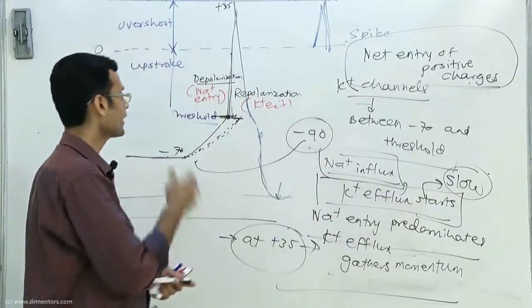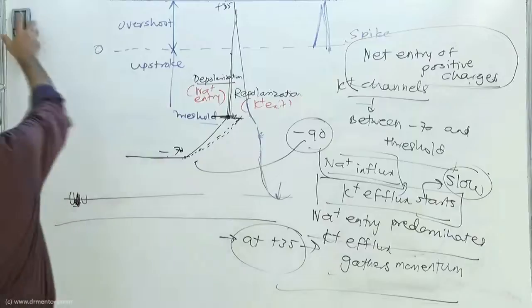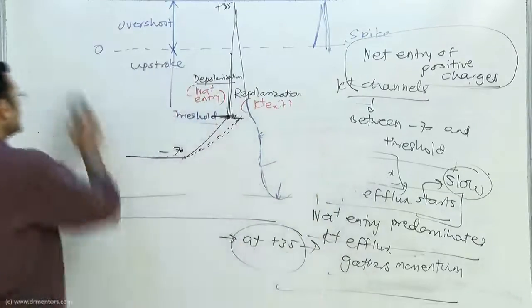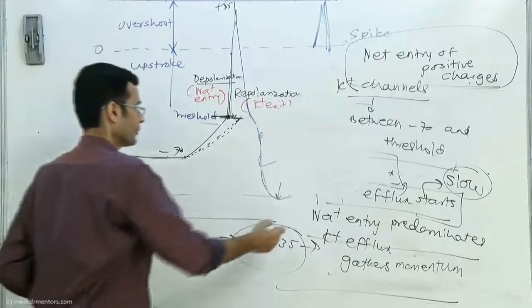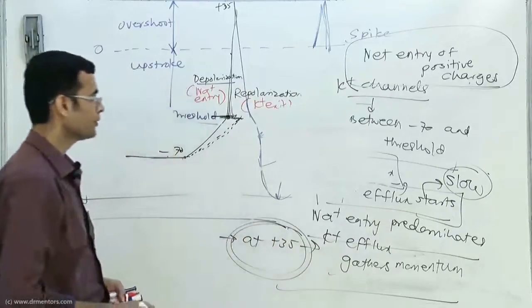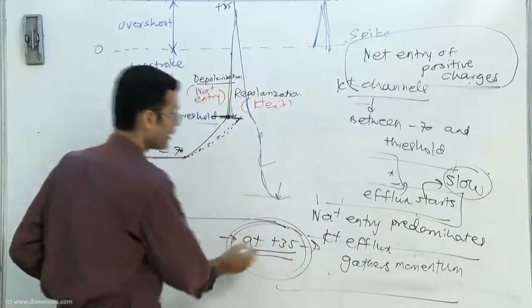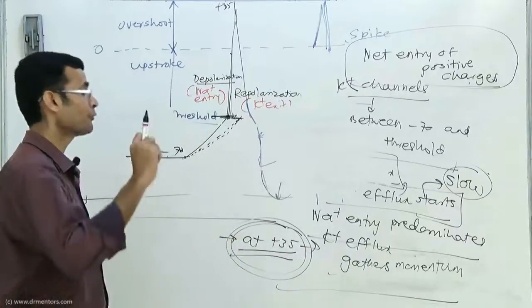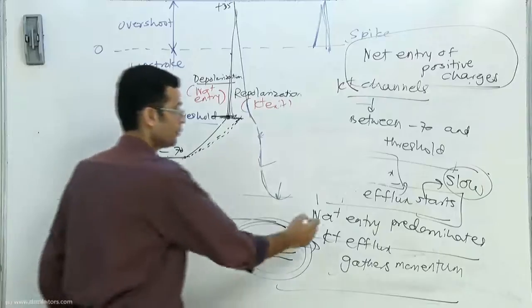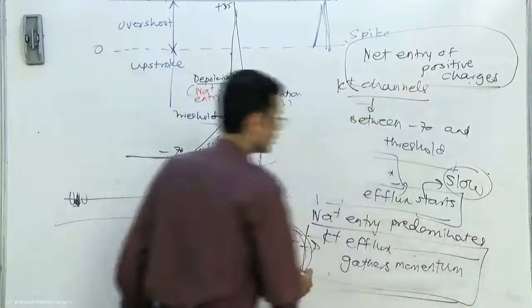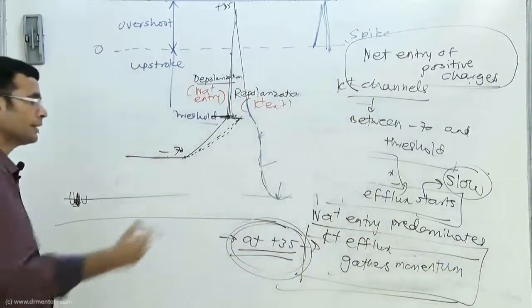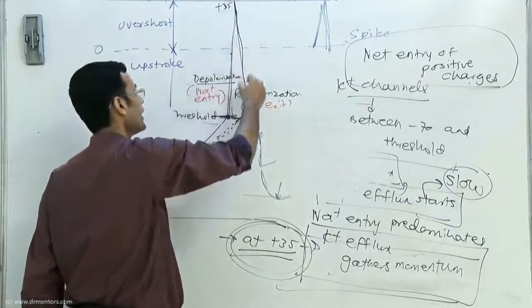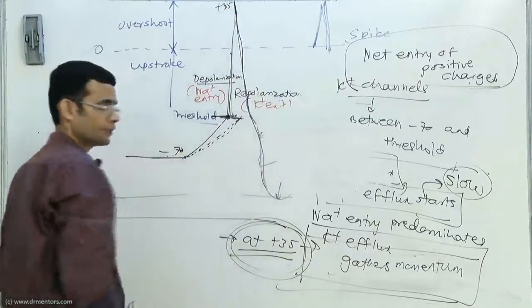So if the potassium channels open, potassium exit will be slow. But plus 35 is far away from minus 90, the equilibrium potential for potassium. Therefore at plus 35, potassium exit will occur in large numbers. It will gather momentum, and therefore potassium starts going out in large numbers and repolarization will happen.